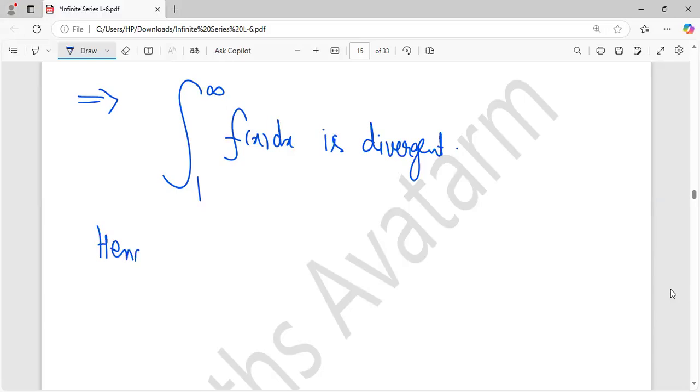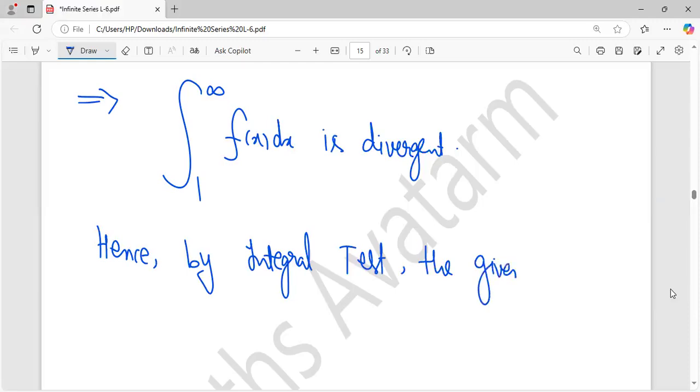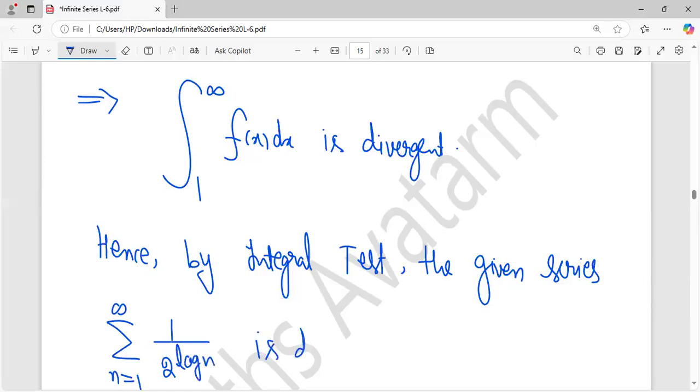Hence, by the integral test, the given series summation n goes from 1 to infinity of 1 upon 2 to the power log n is divergent. Okay, so it is done.